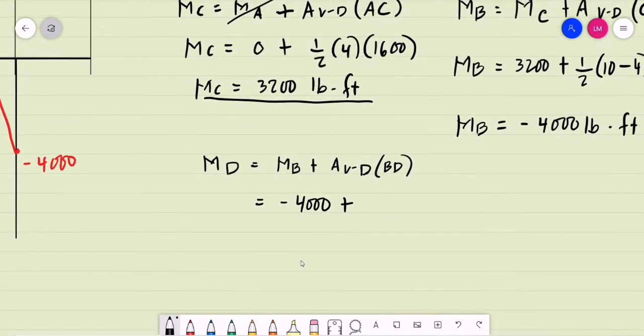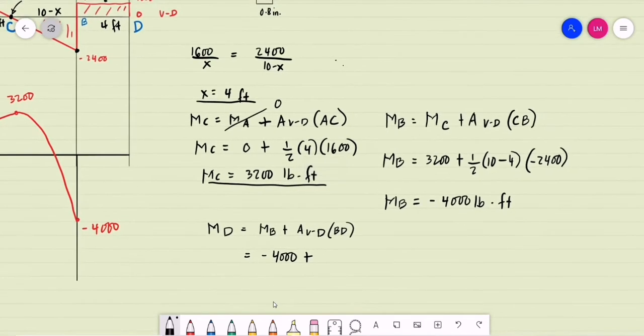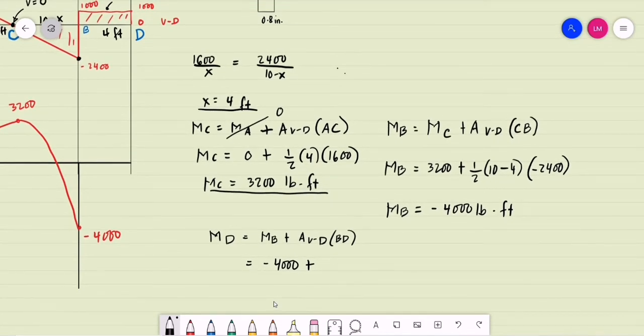So negative 4,000 plus 1,000 multiplied by 4. Obviously the moment at D should be equal to 0, since that is a free end, and our graph should be a first degree, or a straight line. So the moment at D is 0, as a check for our moment diagram.